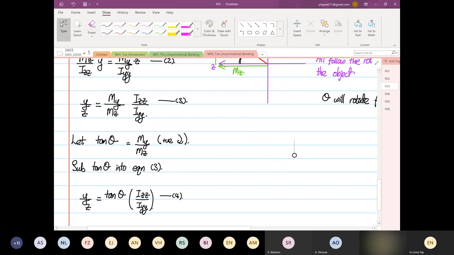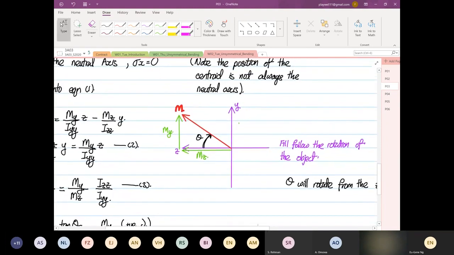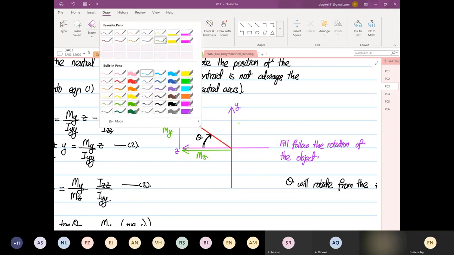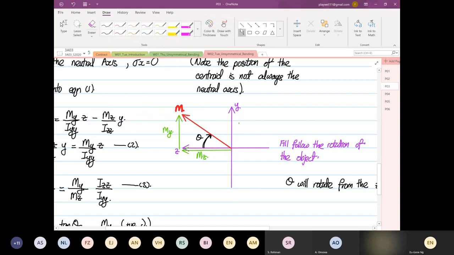Now, coming back to this figure again, I'm going to sketch a line. I'm trying to pick the right color, so I'm going to go for blue now. So this line has this orientation.